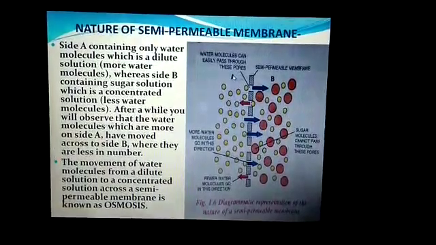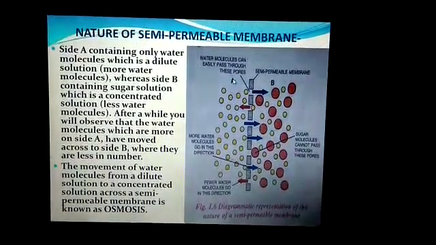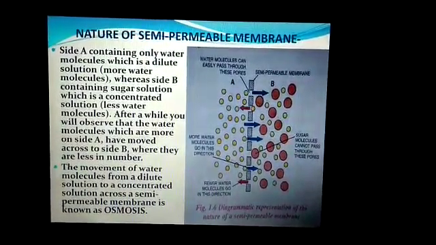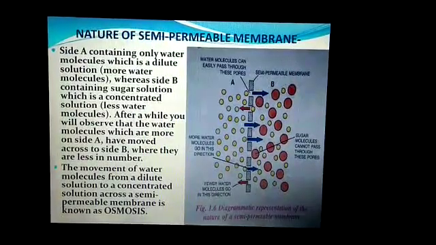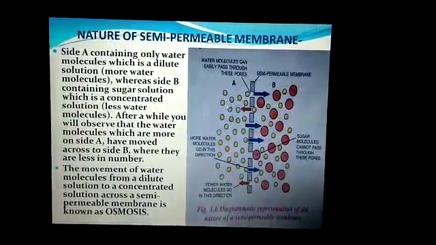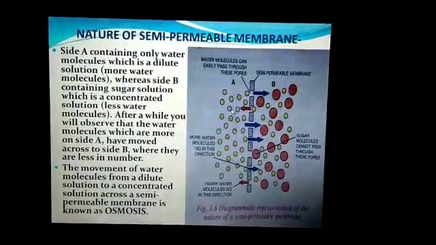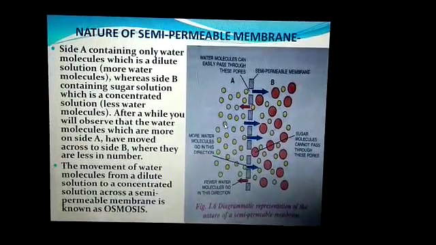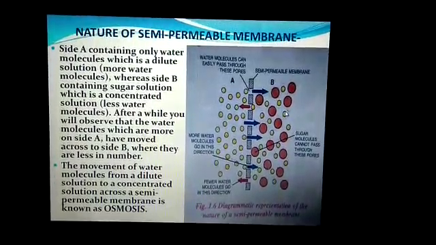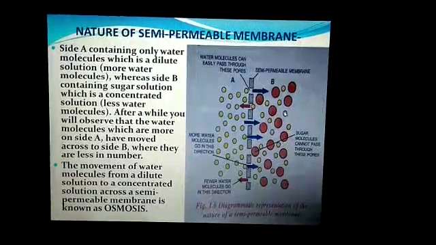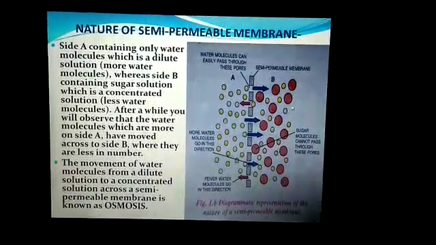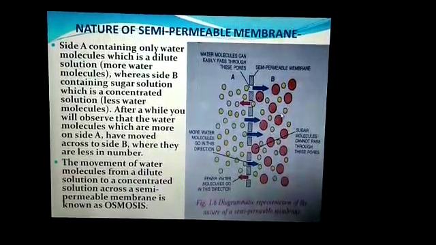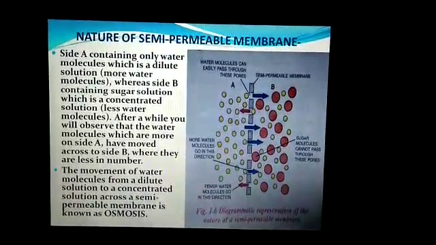Side A contains water molecules, which is a dilute solution. Dilute solution means water content is more inside A, and inside B there is a sugar solution, which is a concentrated solution. It means fewer water molecules.